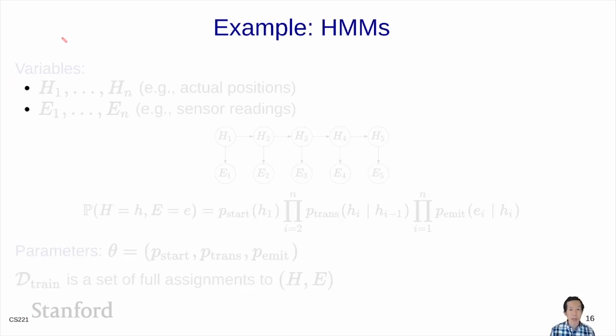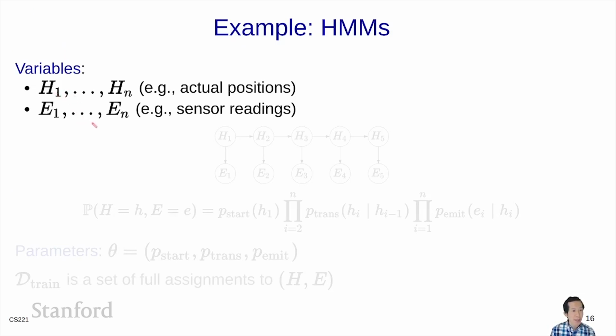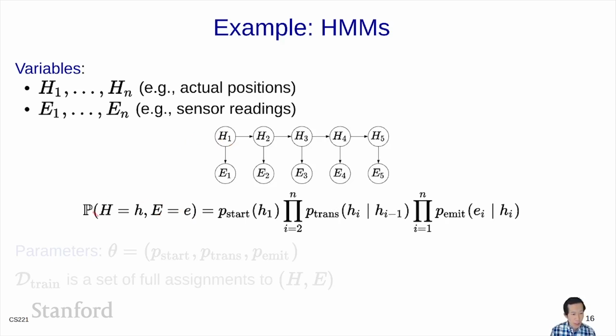So here's another example, our friendly HMM. We have actual positions of objects, H1 through Hn, and E1 through En. This should be very familiar by now. The HMM has a joint distribution given by three distributions: P start of H1 times transition of Hi given Hi minus 1 times, for each variable, the probability of emitting Ei given Hi.